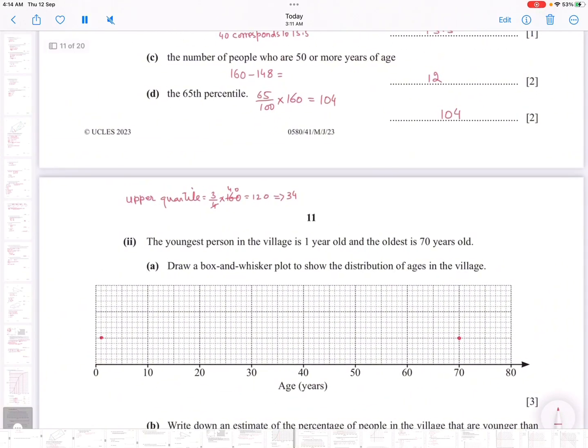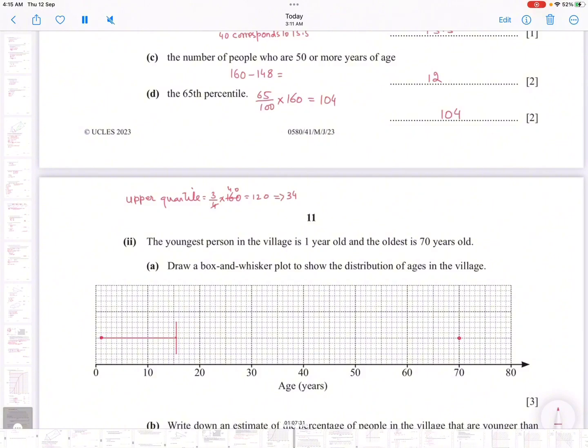Now you mark the lower quartile which you already calculated, and you have to mark it till here, and make a reasonable height of the box from here, like this.